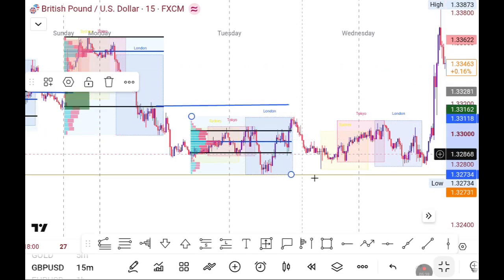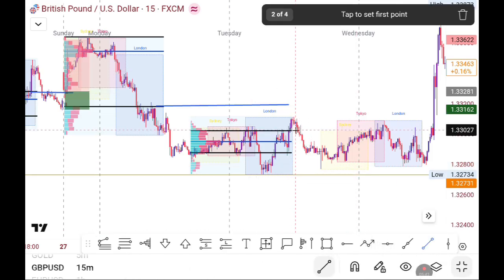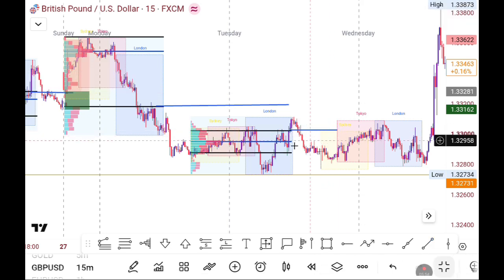We had our support and resistance right here. After that, what happened? The market closed outside our range, then came back in, and after coming back in right here, it rejected. You see the rejection candle again; it was rejected twice at this level.